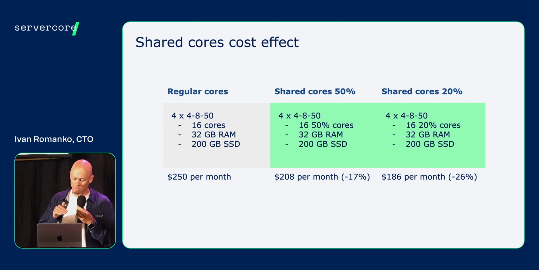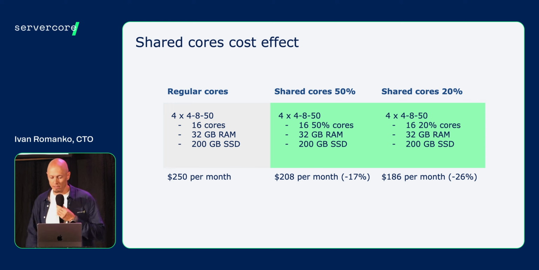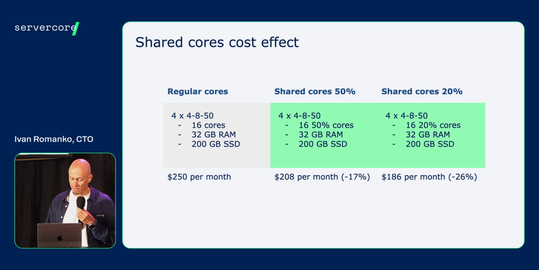Only CPU cores are getting discounted here, so you pay regular price for RAM, regular price for SSDs. So depending on proportions, you have some amount saved. Again, the same example I've just calculated here for 50% shared cores and 20%. Let's see how things work.